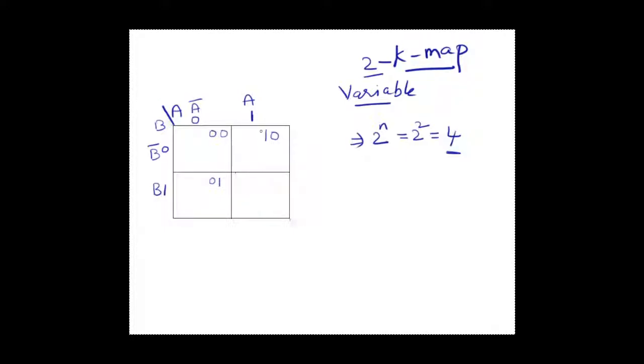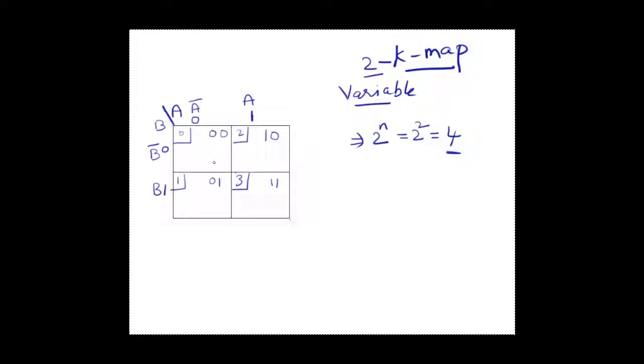And here A is 1 and B is 1. So 0 and 0 means this is 0 itself. 1 and 0 is 2. 0, 1 I can write as 1. This is 1 and 1, it's 3. So the total number of cells is 4: 0, 1, 2 and 3.